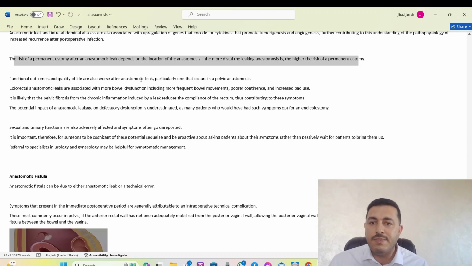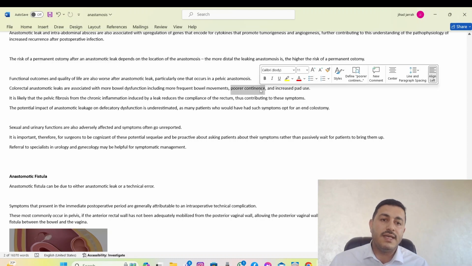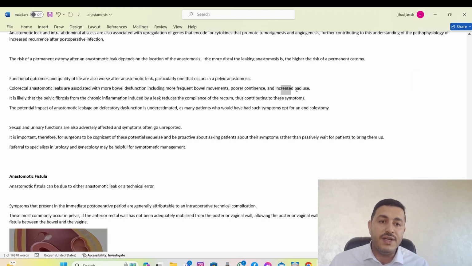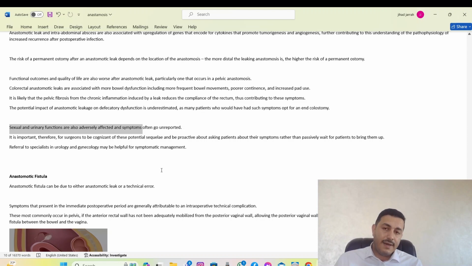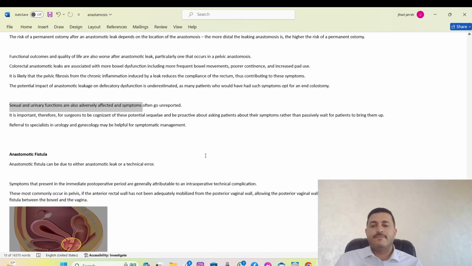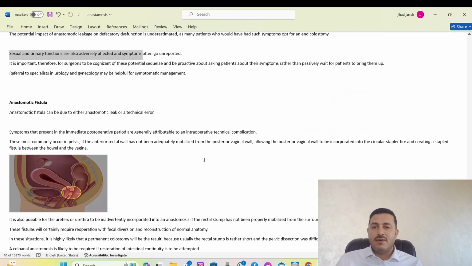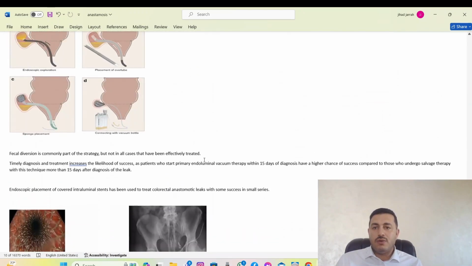Poor continence, increased bad use, more frequent bowel movements. These are associated with leak. Not only that, but sexual and urinary function are affected negatively by leak. So, okay, this is what we know about leak.